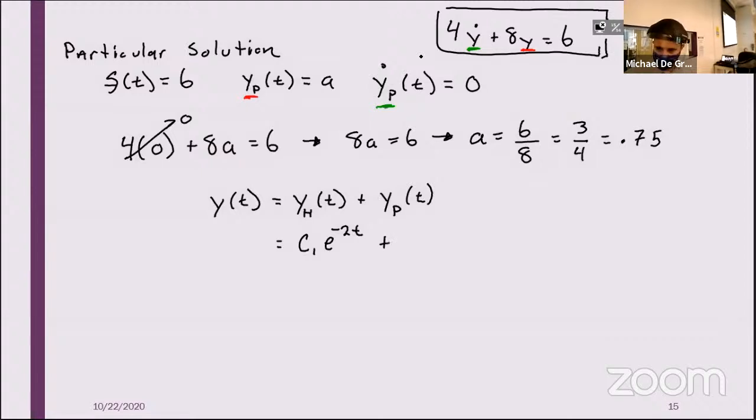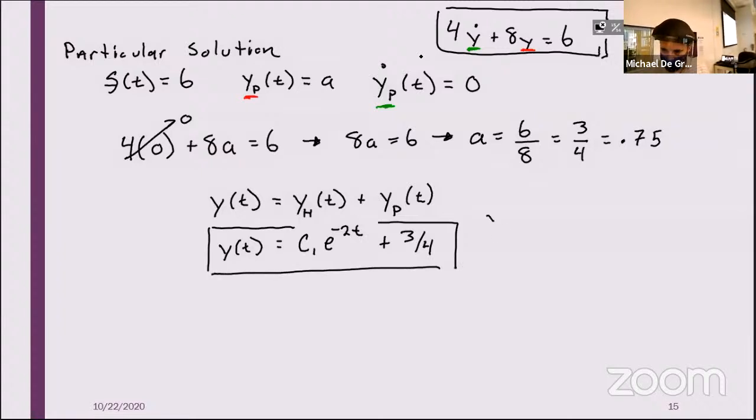And the particular solution is just 0.75, or if I offended anybody with my decimals, I apologize. We use fractions, 3/4. And we can evaluate this using the initial condition that we were given. Remember, we were told that y of 0 was equal to 3.